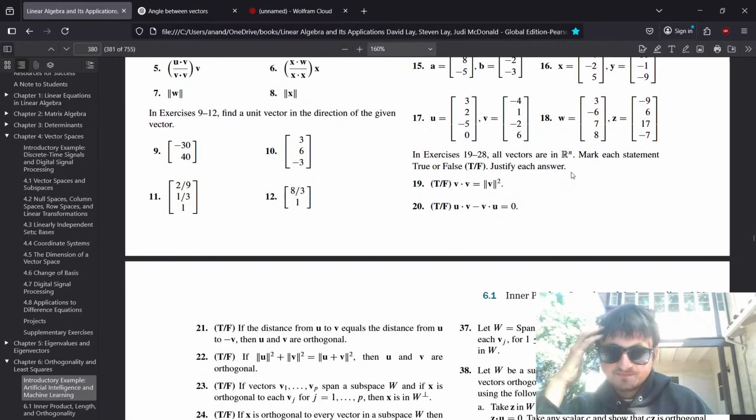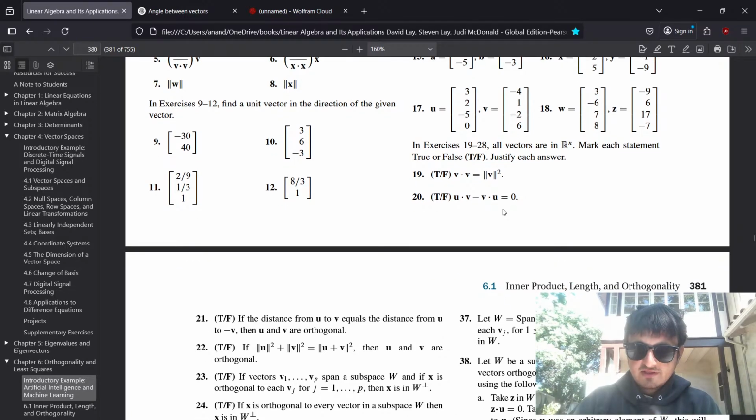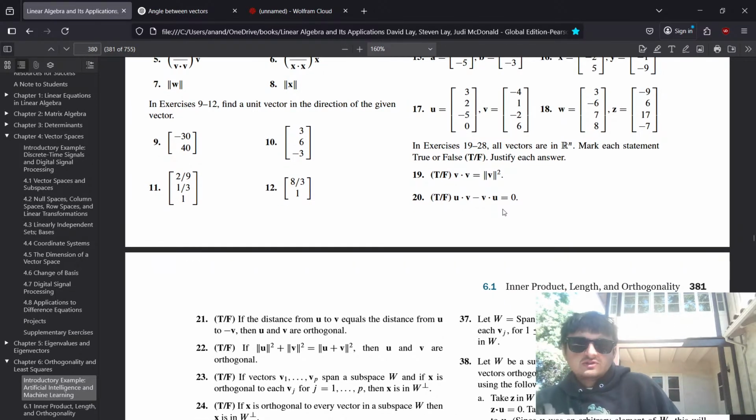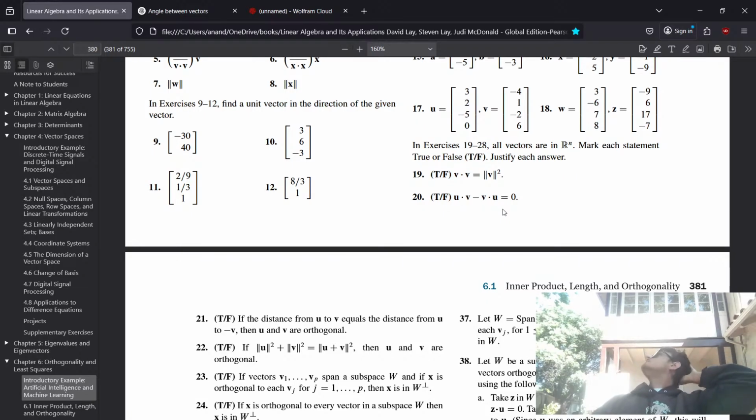Okay, true, false are good. So just go through these. 19. So this is section 6.1. V dot V is equal to the norm of V squared. Yeah, that's true.